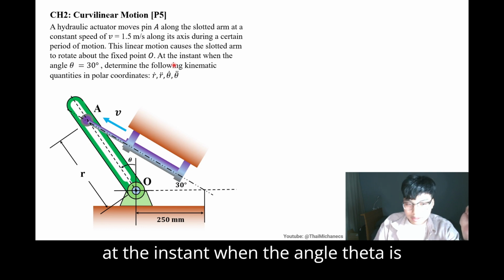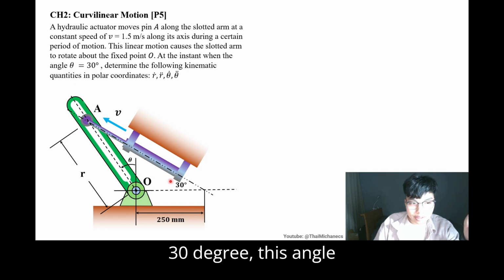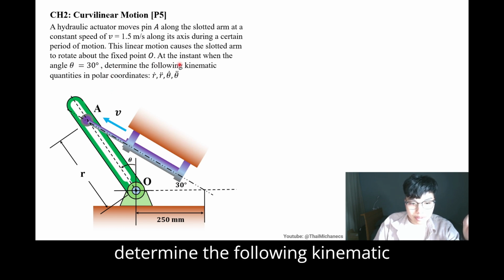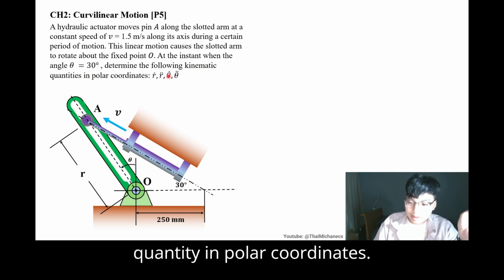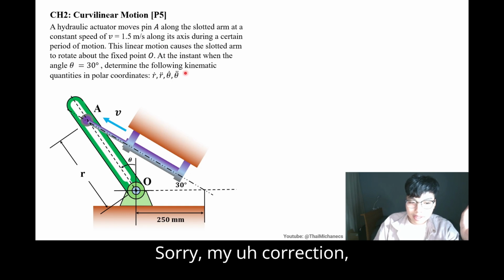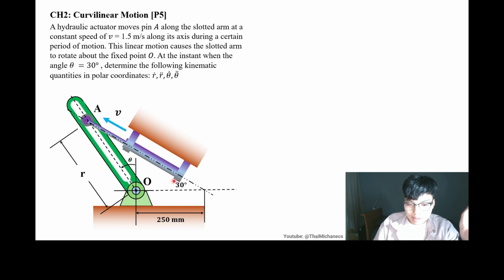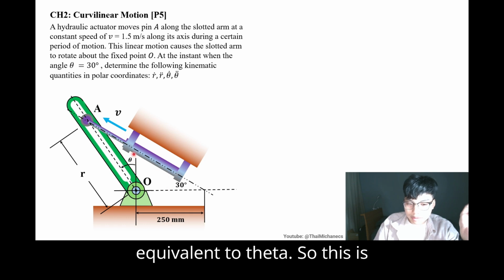At the instant when the angle is 30 degrees, this angle 30, determine the following kinematic quantity in polar coordinates. My correction, this 30 degrees is not equivalent to theta.